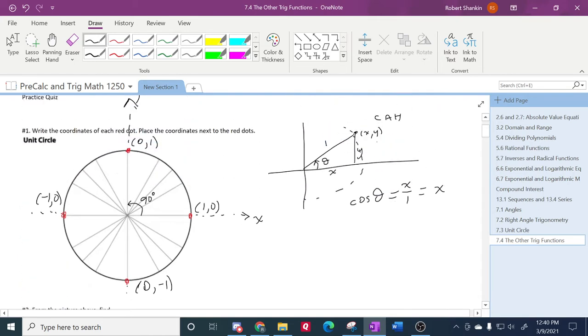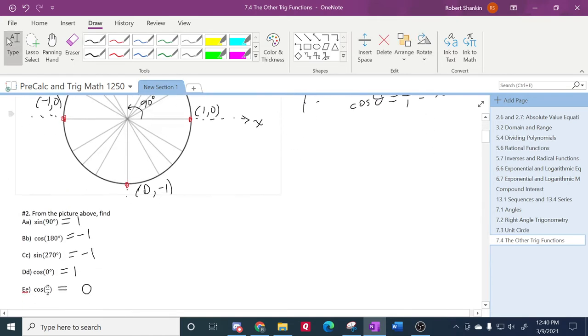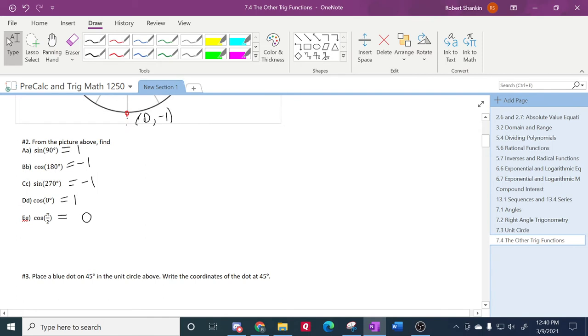So if I scroll up and look at it, it's a 0 line up. Alright, place a blue dot, I'm going to do a blue dot. You probably don't have colored pens, but on the unit circle above, write the coordinates of the dot at 45 degrees.